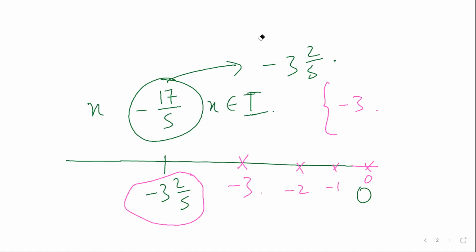Previously it was x is greater than or equal to minus 17 by 5. Now let us assume that x is less than minus 17 by 5. So what should be the first number in the solution set, and x belongs to integer? Minus 3, I'm sorry.